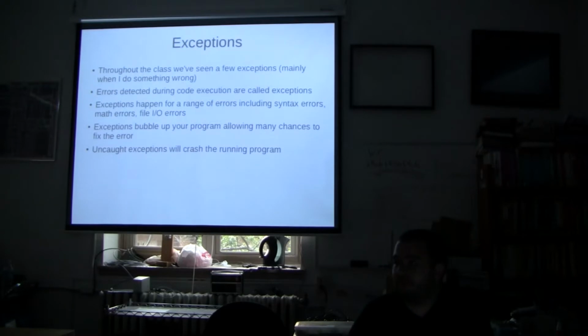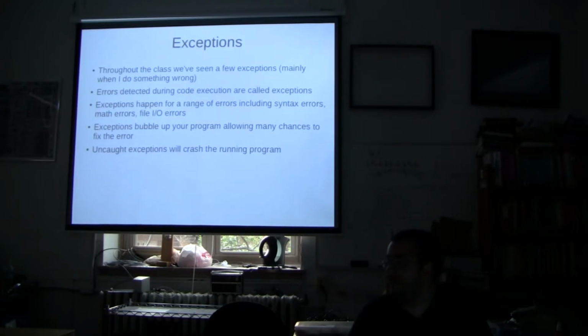So throughout the class, we've seen a few errors, mainly when I type something incorrectly into a Python shell. Errors detected during code execution are called exceptions in Python. Exceptions happen for a huge number of reasons. Those include syntax errors when things are tabbed and not spaced, or spaced and not tabbed. That's an exception.